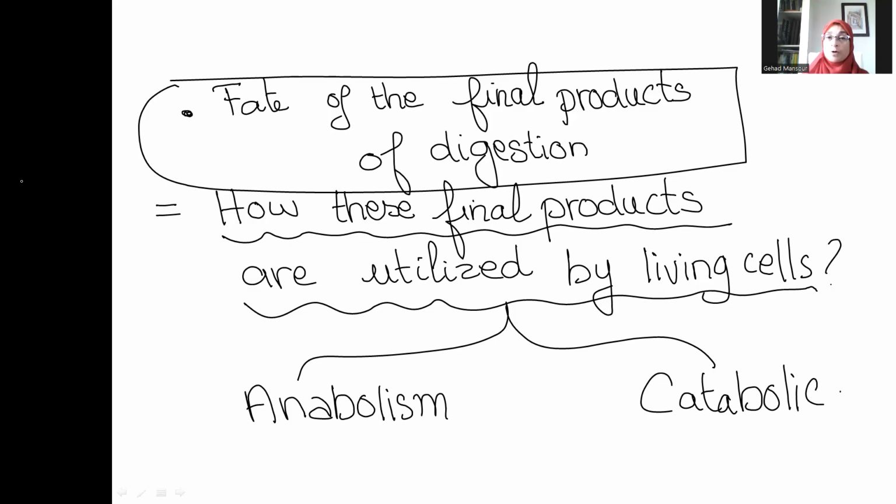And this is what we are going to discuss now. And in the following screens, we are going to discuss the fate of each and every one of these molecules: the fate of monosaccharides, the fate of amino acids, and the fate of fatty acids and glycerol.